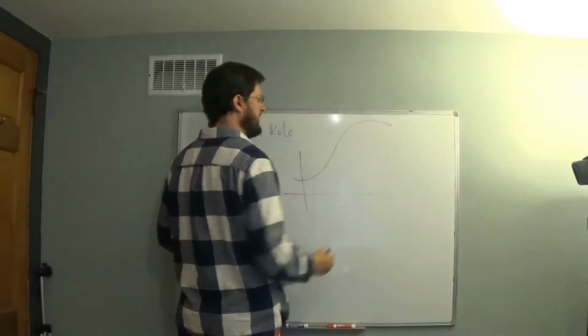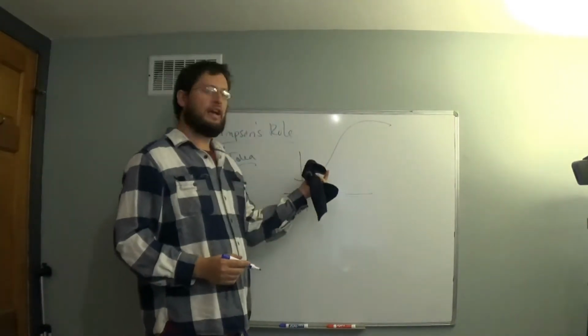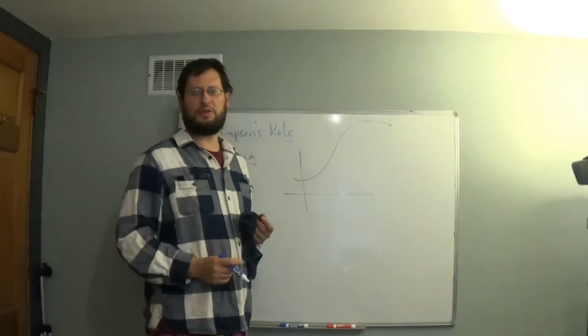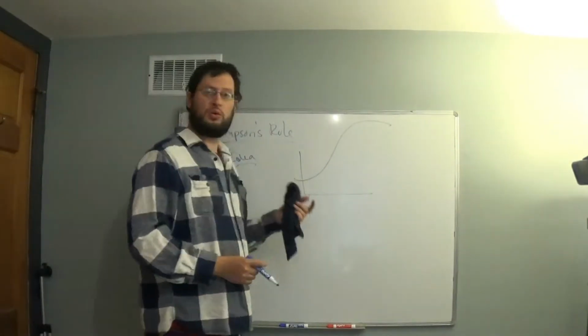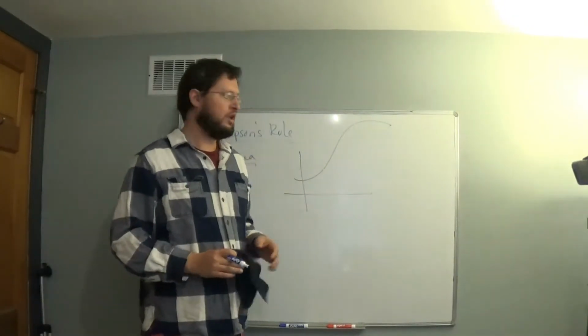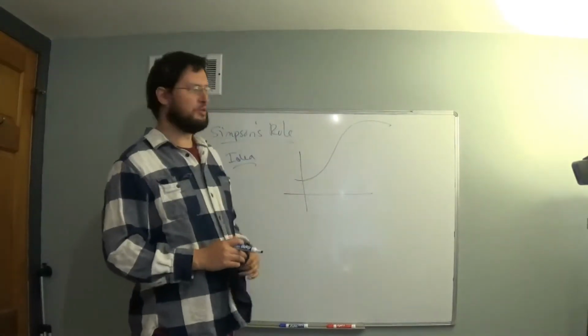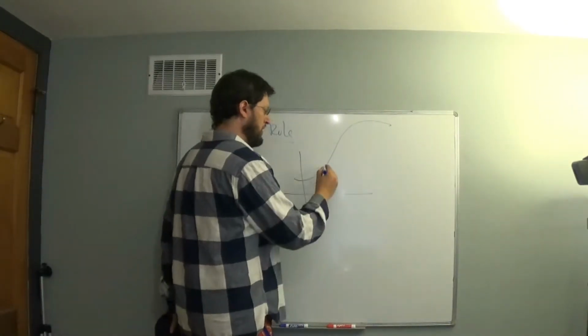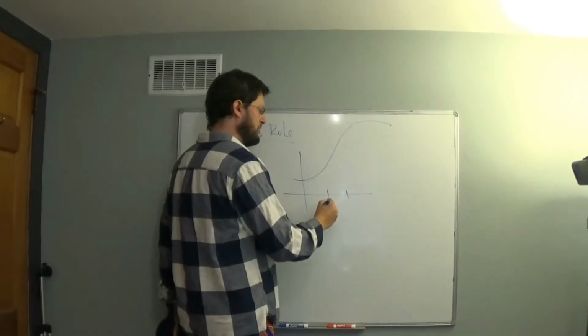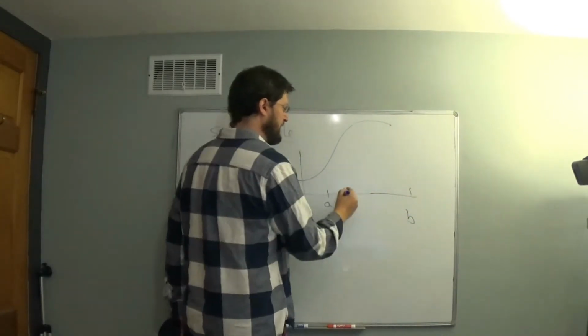The big idea is that rather than using a rectangle like we would use in a Riemann sum, or in the midpoint rule, or a trapezoid like we would use in the trapezoid rule, we're going to take our subdivision. So we have A, we have B, as always.